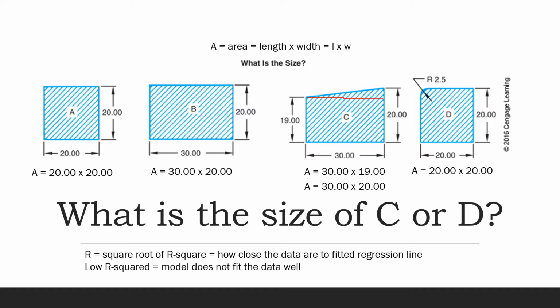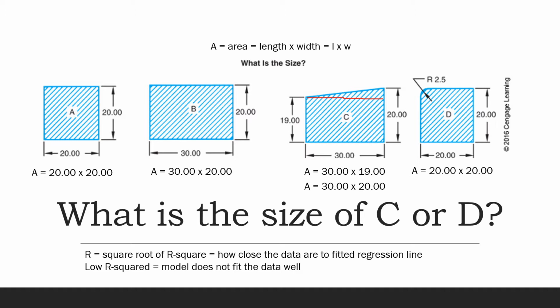So anyways, if you have an irregular rectangle, you have to come up with an approximate area for the part that you're measuring, because we have to answer what is the size of that and what is the size of D. But we do have the perfect size right there, 20 by 20.